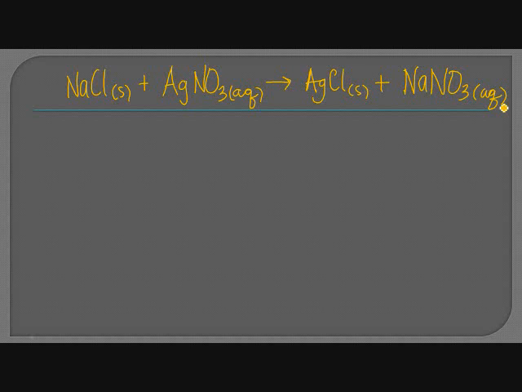So we want to know the mass of the sodium chloride that's needed to be added to convert all of the ions into silver chloride. And we know that we have 1.5 liters of a 0.1 molar silver nitrate solution. Okay, so there's two ways to do this. You could do your molarity equals moles over liters, solve for moles, and then go mole ratio and then go grams.